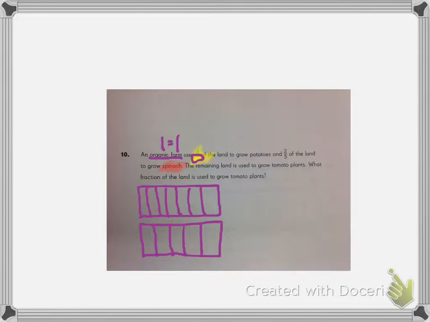Then I need to go ahead and set up my fractions. So I'm going to take 3/7, set it equal to a denominator of 35. Same thing for 2/5. I'm going to set it equal to a denominator of 35. So I know 5 times 7 gives me 35. Whatever I do to the denominator, I have to do to the numerator.